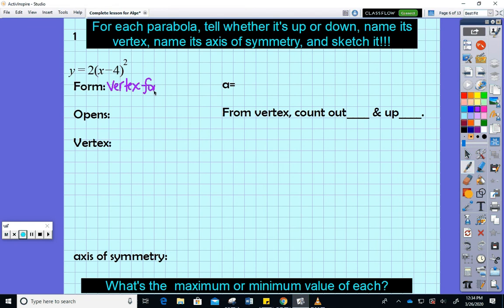So I just want to get used to looking at that, okay? This parabola opens up. I like to draw a little example rather than writing the word up, just because that way when I have the big graph, I make sure when I look back at my little tiny thumbnail sketch that they look alike. I need to find the vertex.